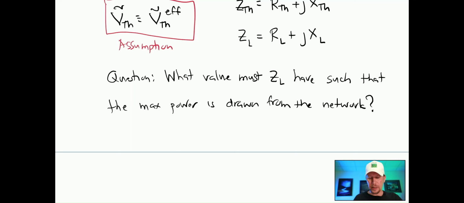So here, out of all the powers, it is the real power that we want to maximize, right? It's not the apparent power, the complex power, or the reactive power. So it is the real power, the active power, that we want to maximize.